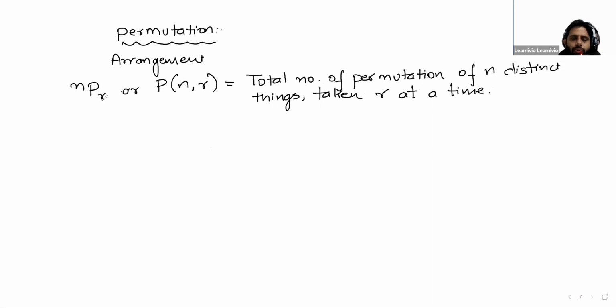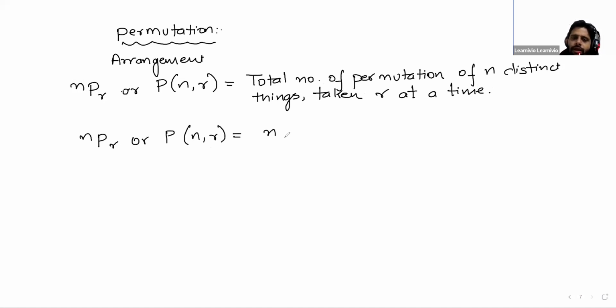What does this nPr mean? nPr means total we have n objects, and at a time we are arranging r. So this will give you the total number of permutations. The formula of this nPr can be denoted in any of these ways.